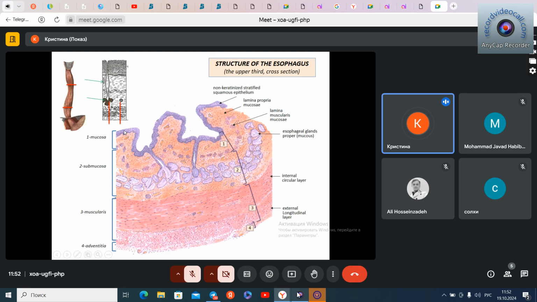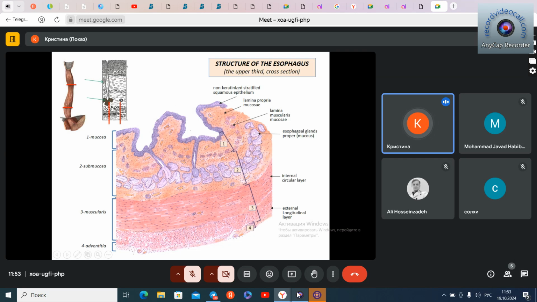So, tunica mucosa includes three sublayers or laminae. Lamina epithelialis, or just epithelium, it is non-keratinized stratified squamous, then lamina propria, and lamina muscularis. Lamina muscularis here looks like these islets of cells.